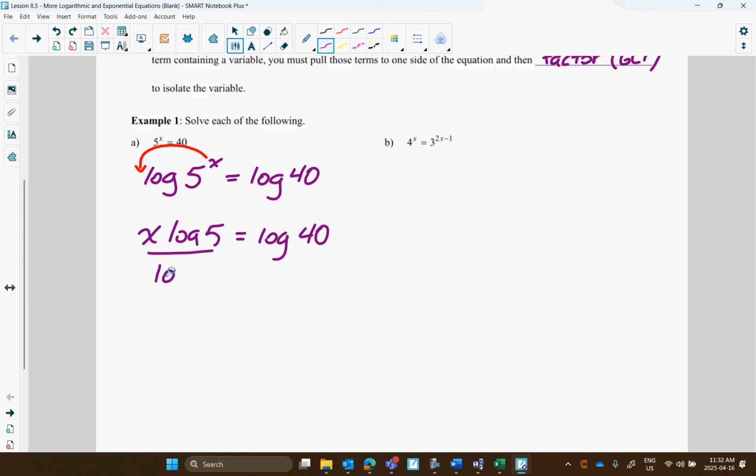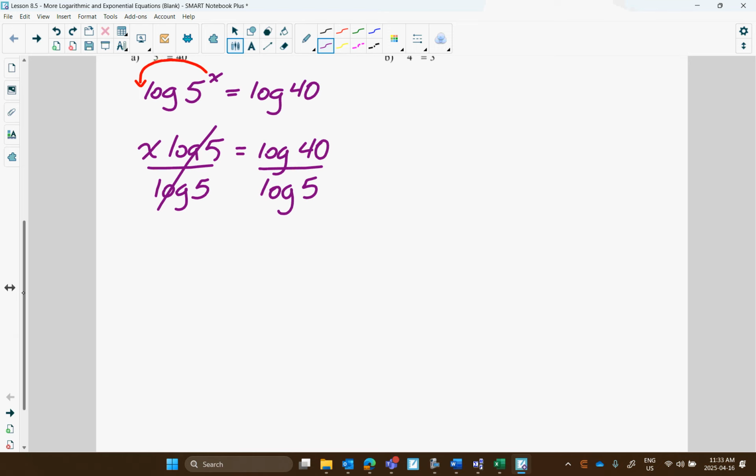Divide by log 5. Those cancel. So my answer x is going to be the log of 40 divided by the log of 5. Now we have to use our calculator. Go to 3 decimal places.